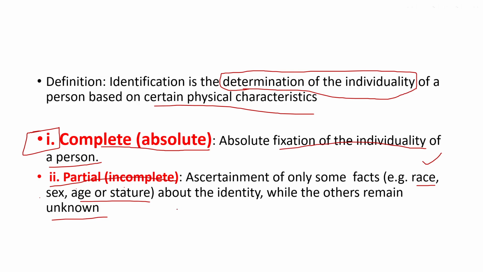So we have partial data, and when these partial data are combined together, when we add them all, it will eventually be converted to complete or absolute identification. This is very important. So what is complete identification? The identity of a person which is completely known, and partial identification which is not completely known. Its bits, like race, sex, age, will eventually give us a complete identification. So there are two types, complete and partial.